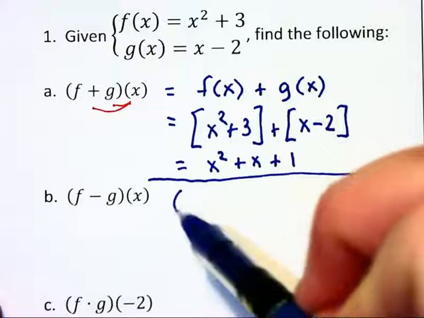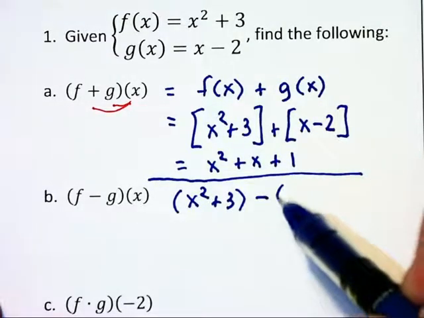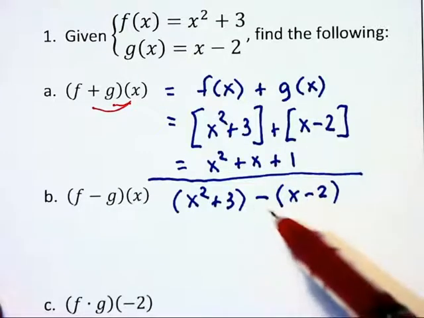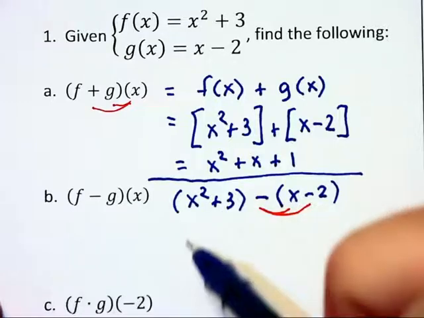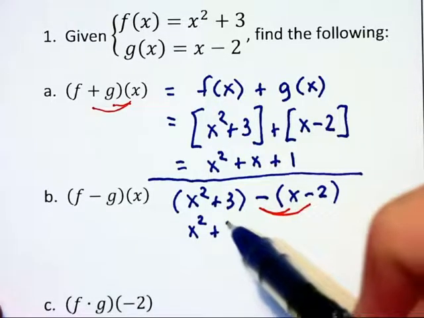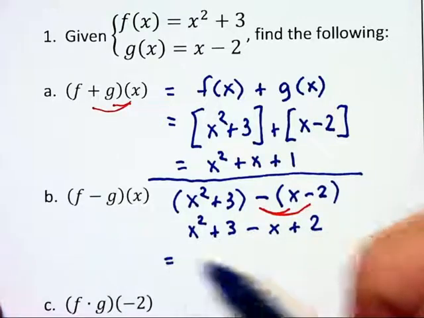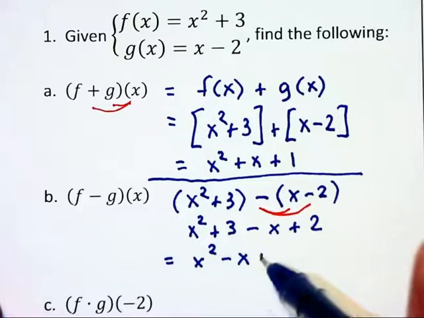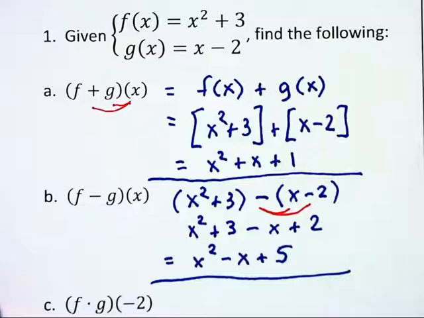Here we're going to have x squared plus 3 minus the quantity x minus 2, and that's going to have you distributing a negative, and that's where we tend to make the mistake here. This will be x squared plus 3 minus x plus 2, giving us a final expression, x squared minus x plus 5. So please be careful to distribute your negatives.